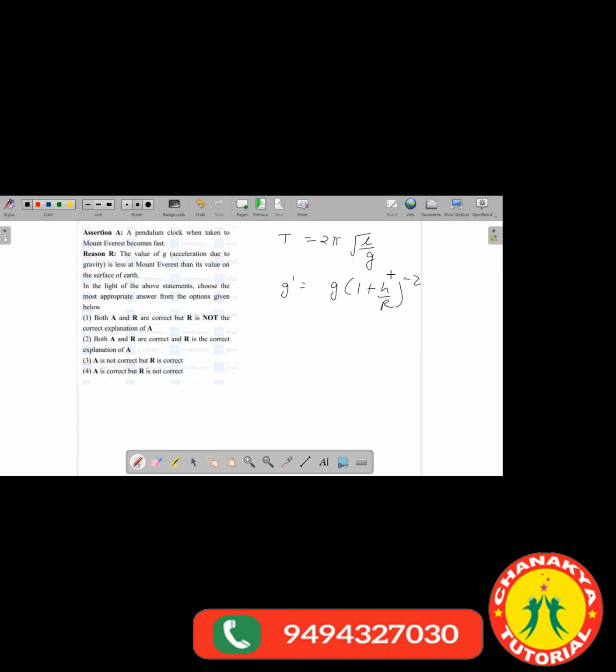What about the time period? If I say I have time period on the Earth's surface and I have time period on the Mount Everest, so which one should be greater? I have g and g dash. So g is greater than g dash. What can we say about the time period? Since time period is inversely proportional to this, so time period on the Everest will be greater than the time period on the surface of Earth.